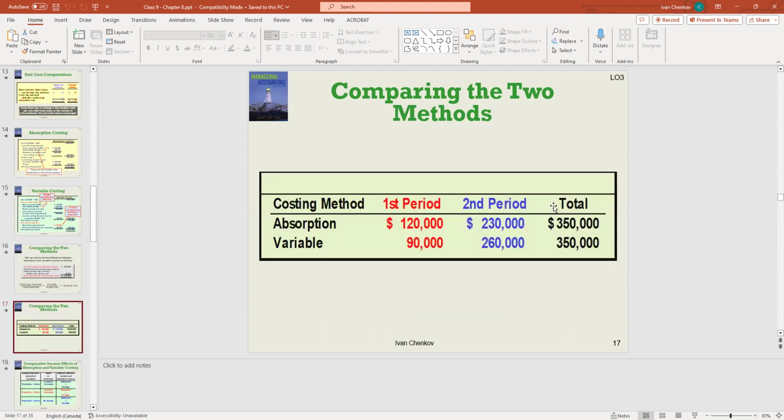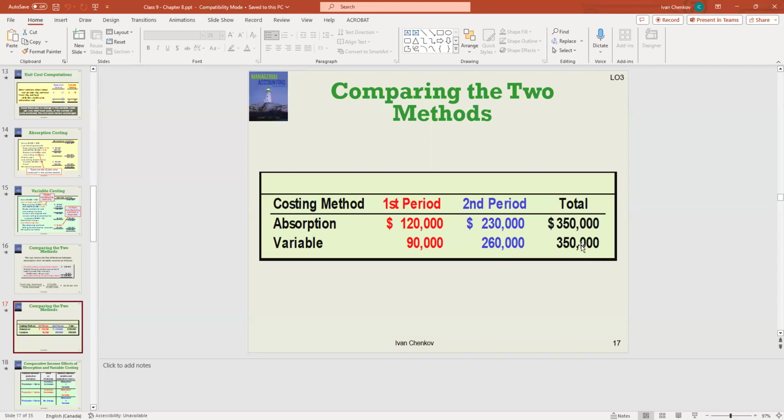Now, what's going to happen if we check both periods? Remember, in the first period, we started with 0 inventory, and in the second period, we're ending with 0 inventory. So what's happening? On the absorption, first period, we have $30,000 more when we're building inventory, and once we're releasing the inventory, variable creates higher income.